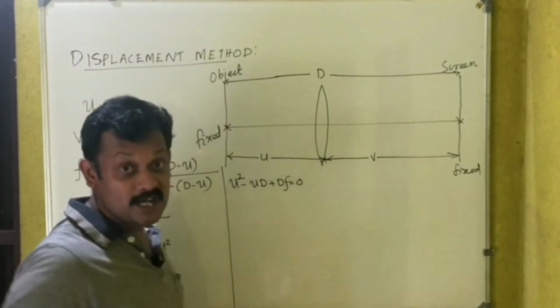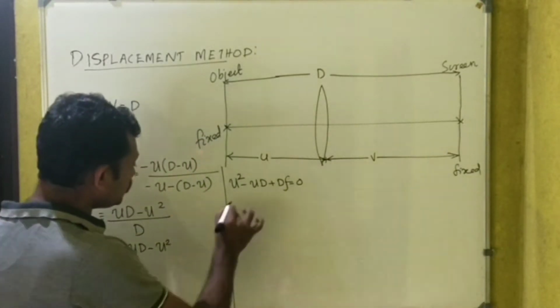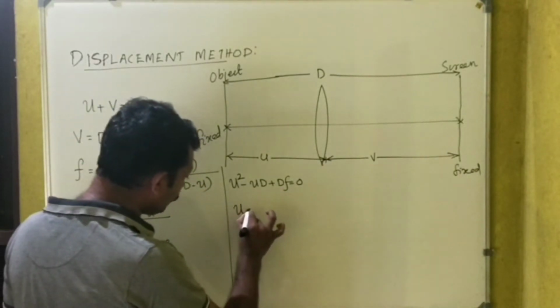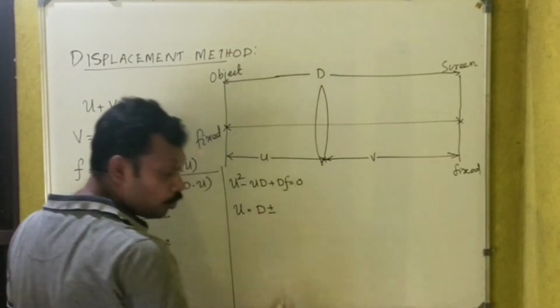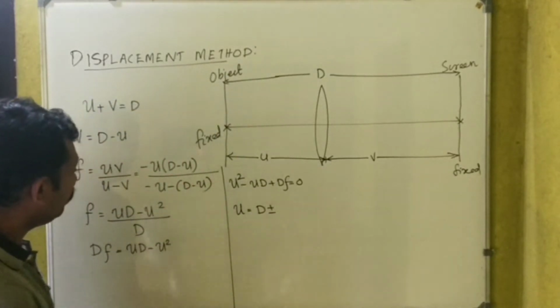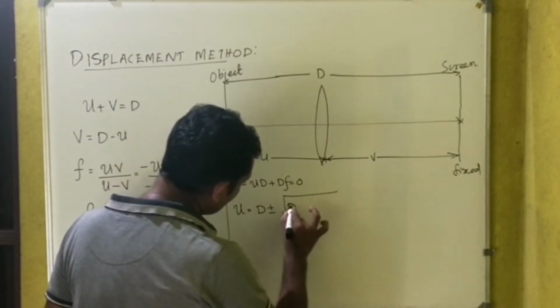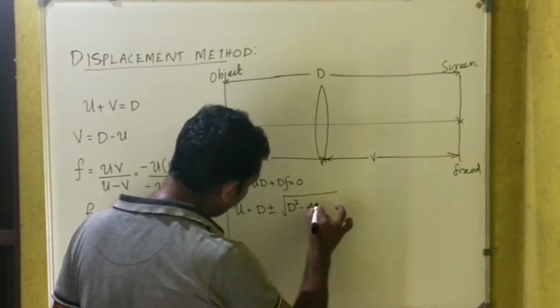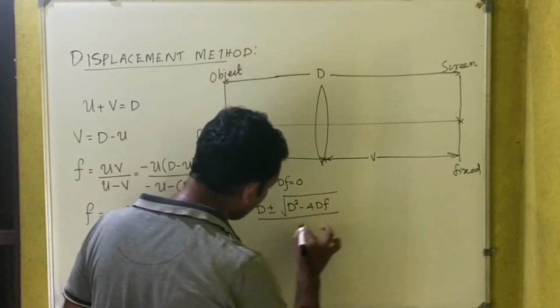Now this is a quadratic equation with u as the variable. Now the solution of this equation is u is equal to D plus or minus root of D square minus 4Df, divided by 2.